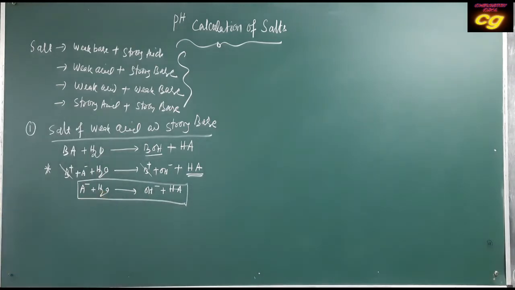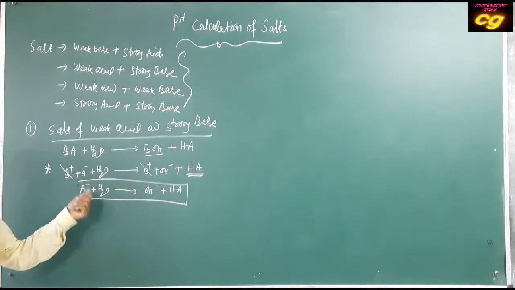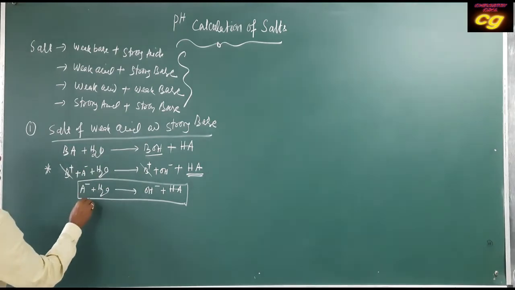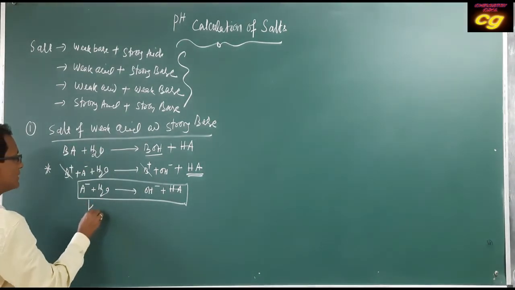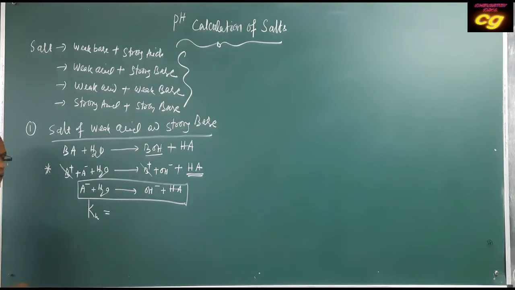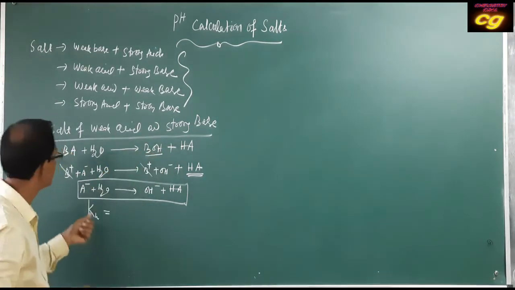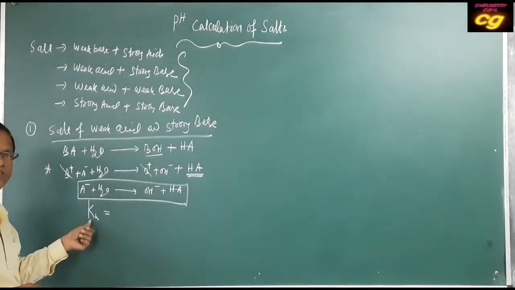This is the hydrolysis equation of the salt of weak acid and strong base. From this equation we get the hydrolysis constant, called Kh. When the salt is hydrolyzed, it produces base and acid, so this constant is called the hydrolysis constant.